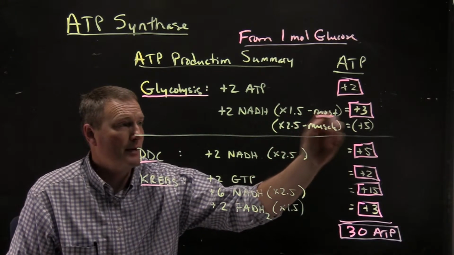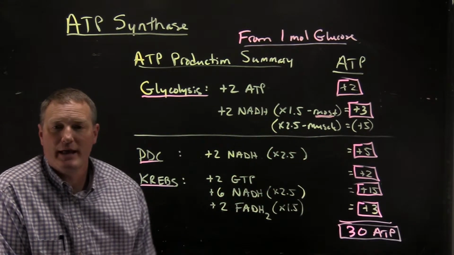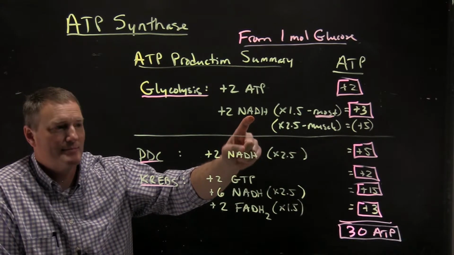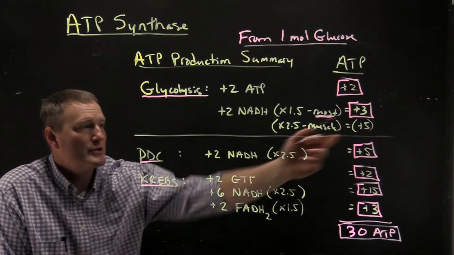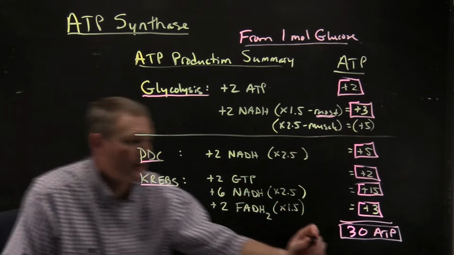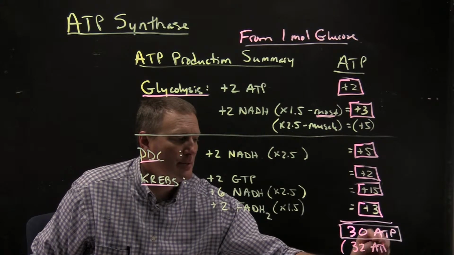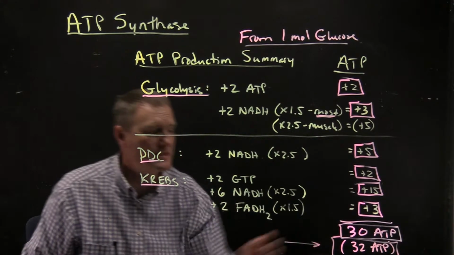Notice I was using that number there. Now if we're talking about muscle tissue, the muscle has a slightly different pathway that allows these NADHs from the cytoplasm to get into the matrix without losing any of their reducing power. And so you can add on an extra 2. So we're going to say in parentheses 32 ATP. And evolutionarily, that sort of makes sense.